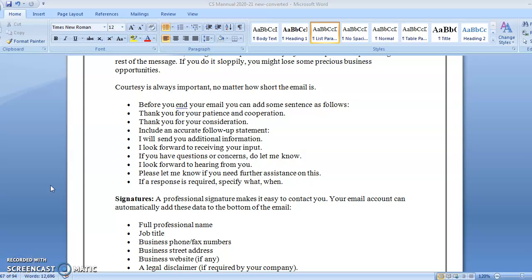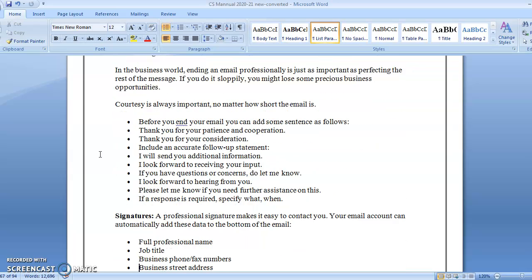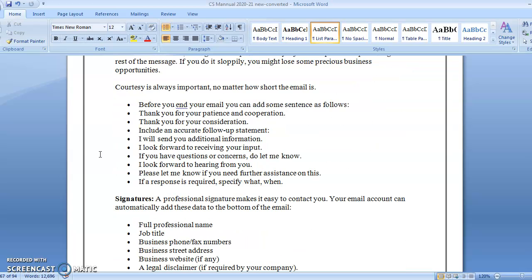The ending of your email is important. It is again divided into two points: the closing and the signature. You have to close your email with a proper sentence. That sentence will describe your expectation from the receiver.